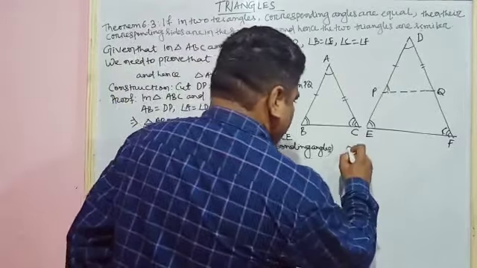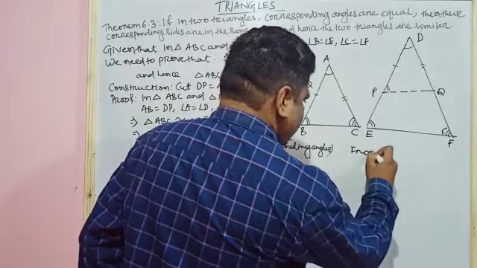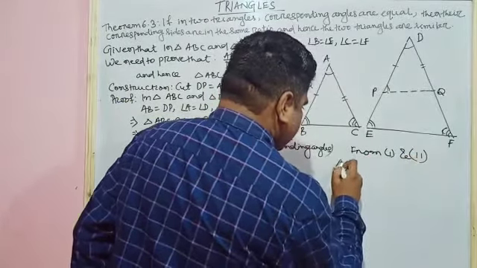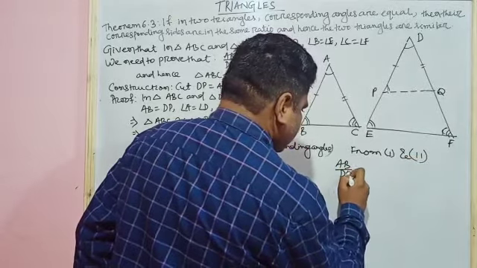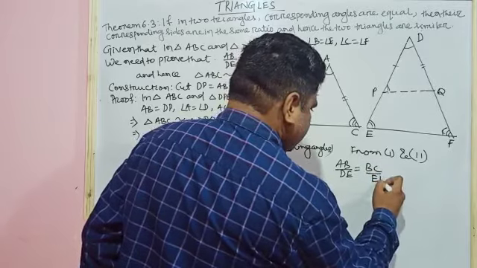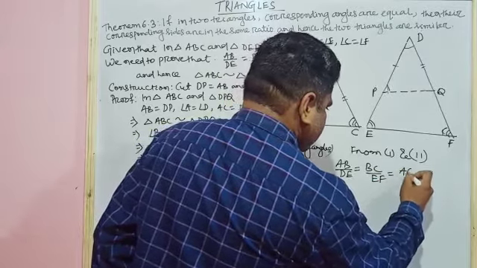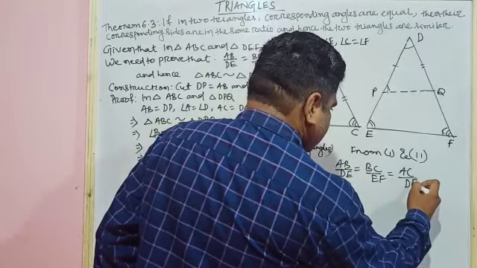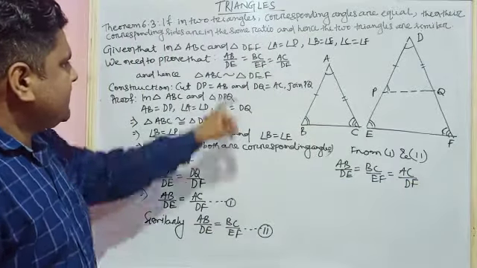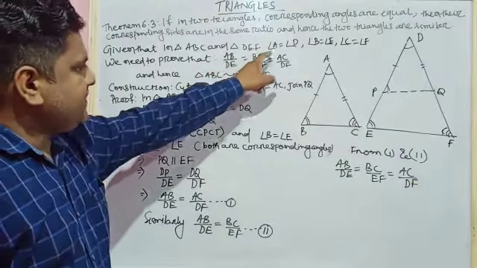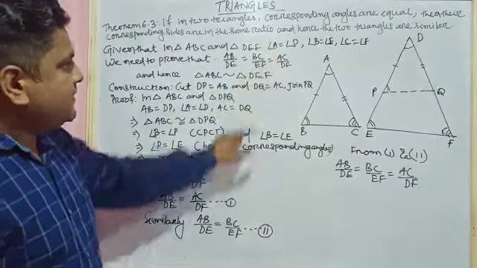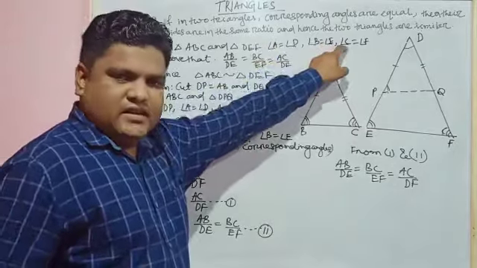So from equation 1 and 2, AB by DE is equal to BC by EF is equal to AC by DF. We have proved that AB by DE, BC by EF and AC by DF are equal, and the corresponding angles are equal. It is given.